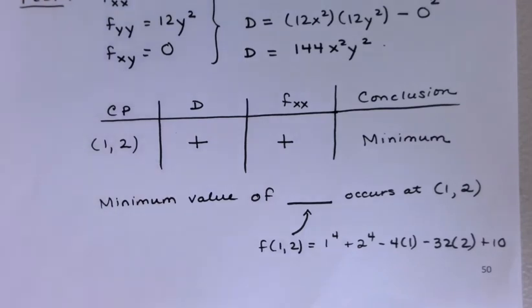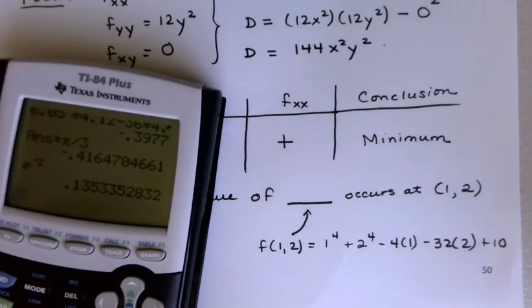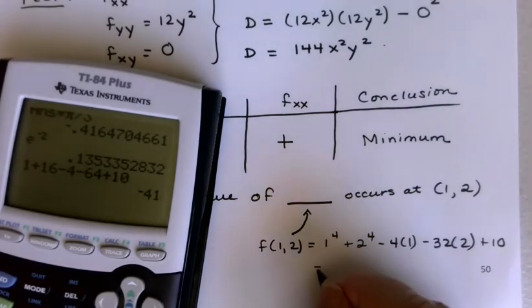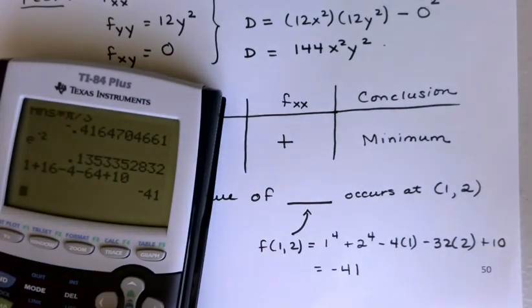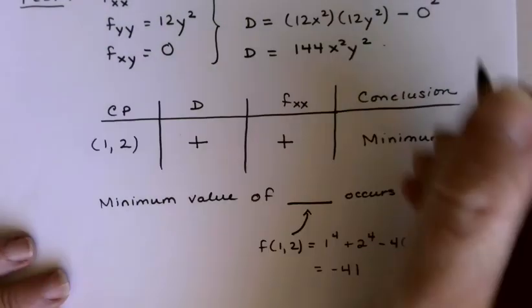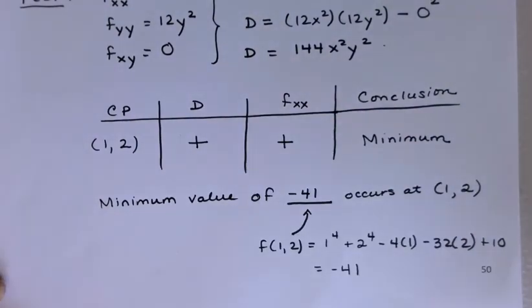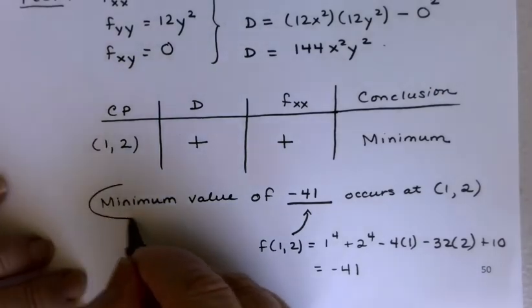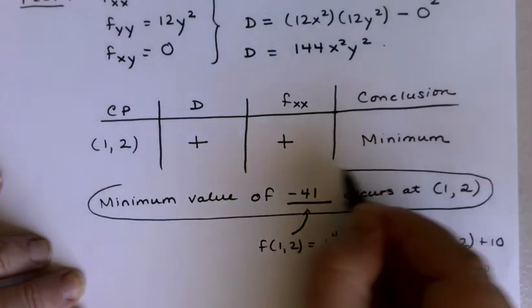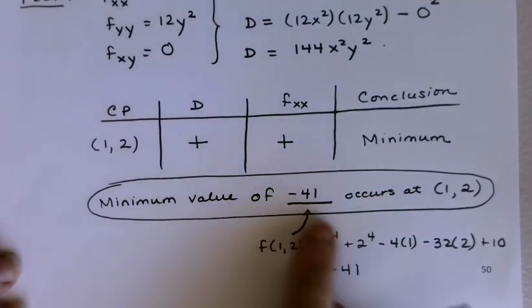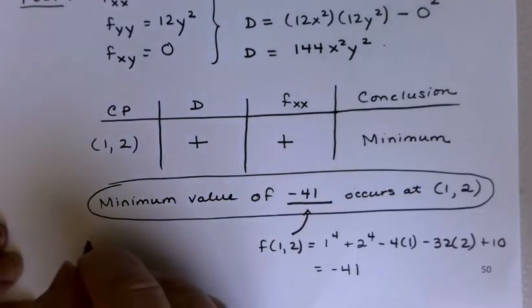I couldn't see it. So we'll just plug that into the calculator. And I'm getting negative 41. So negative 41 is the actual minimum value, and it occurs at the point (1, 2). Of course, on the graph, that's just going to look like a min at (1, 2, negative 41).